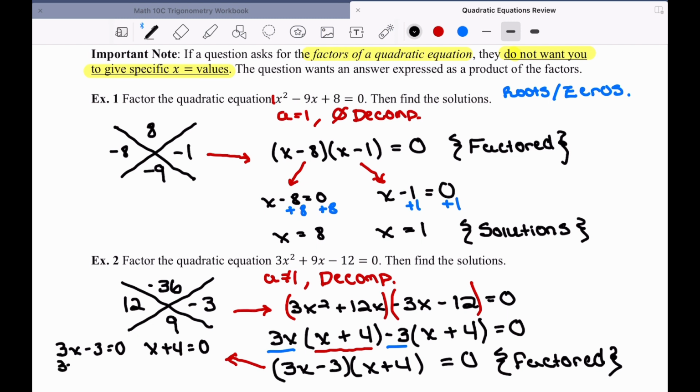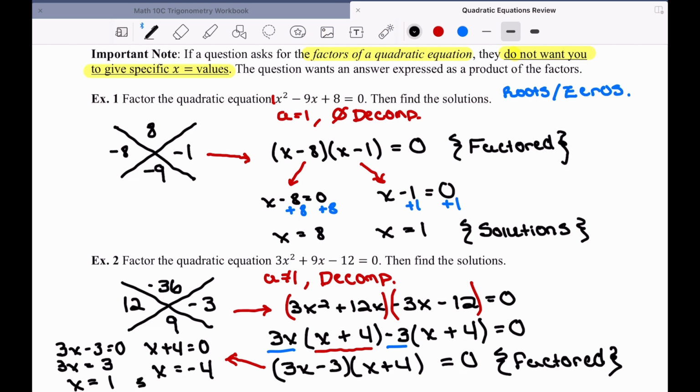Well, 3x is equal to 3 if I move the 3 over to the right side. Then if I divide by the 3, I get x is equal to 3 over 3, which is just 1. And if I subtract 4 from both sides on x plus 4 equals 0, I get x is equal to negative 4.